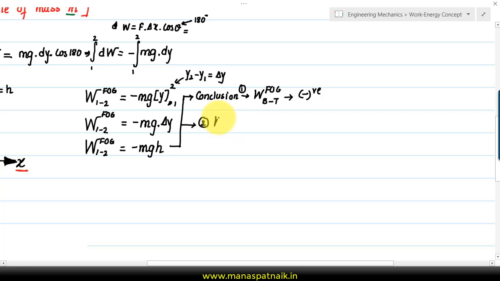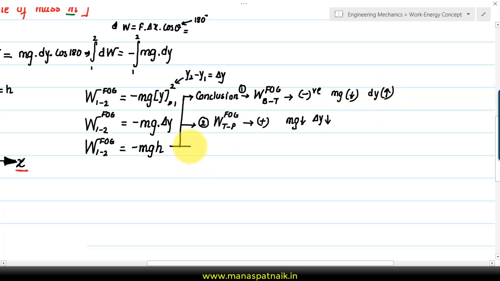In that case the force of gravity would have done some positive work, because mg would have been headed downwards, and also displacement, that is delta y, in the downward direction. And here what happened was mg was in the downward direction and the displacement dy or delta y was in the upward direction. That's it.